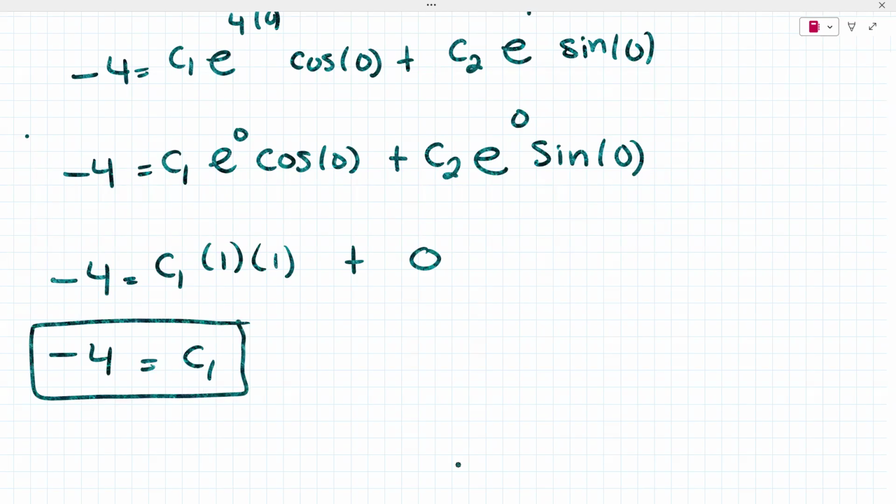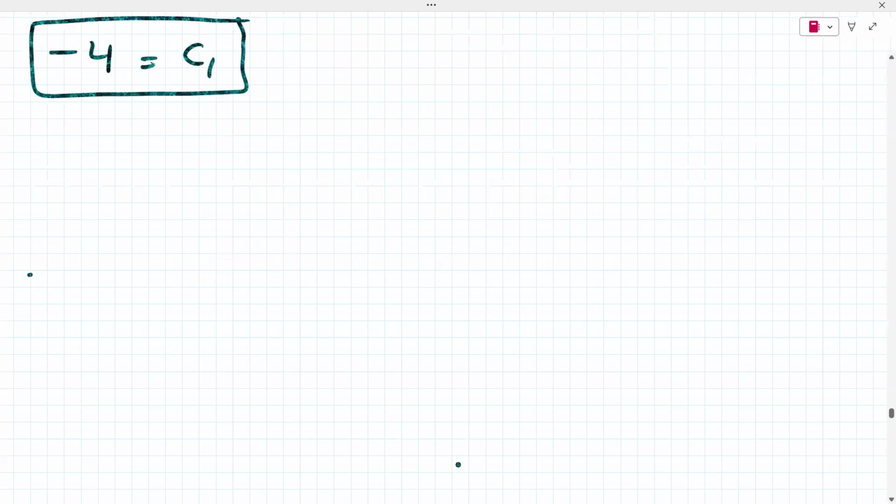Now let's find our C2 by plugging into our y prime. Our initial condition for y prime is y prime of 0 equals negative 1.